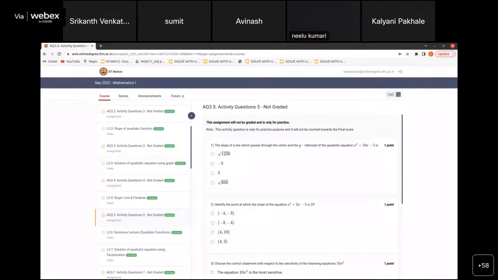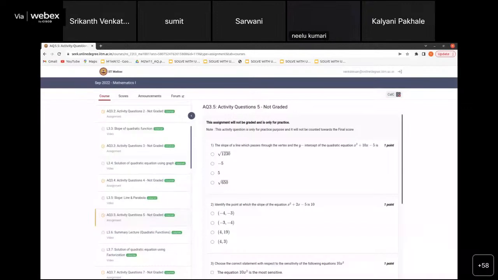So what is the y-intercept of a quadratic function? It is minus 5. What is it? What is C? The point where x is 0, or the point at which the graph cuts the y-axis.